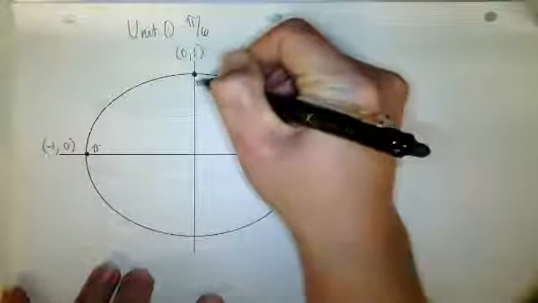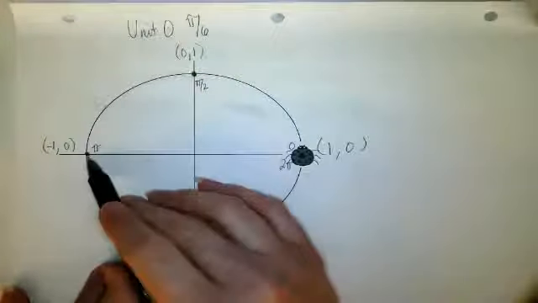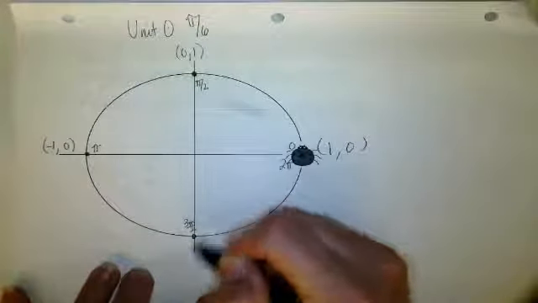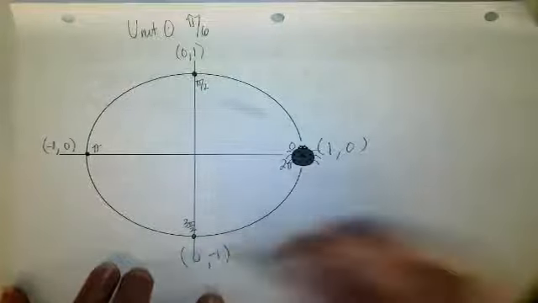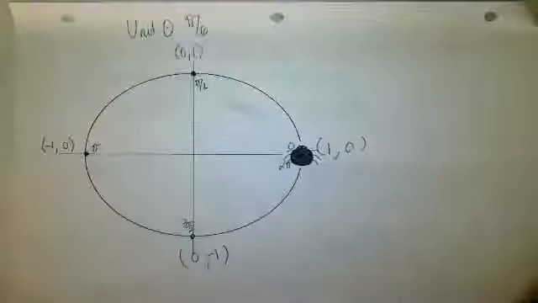Pi over 2. Then 3 pi over 2, and that point is 0, -1. I do this every time because it's those ones and zeros that we inadvertently reverse. Everybody does it.